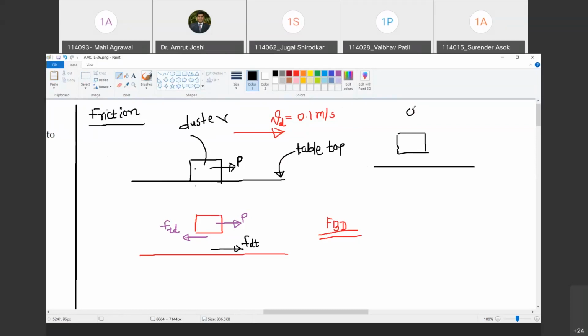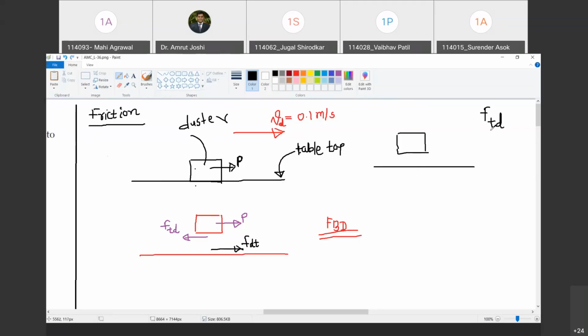I will make myself an observer. Happy? Yes, sir. Now tell me, the direction of which force do you have to work out? The force exerted by the table on the duster. Do you agree with me? Yes, sir. So you are interested in the direction of the frictional force exerted by the table on the duster.